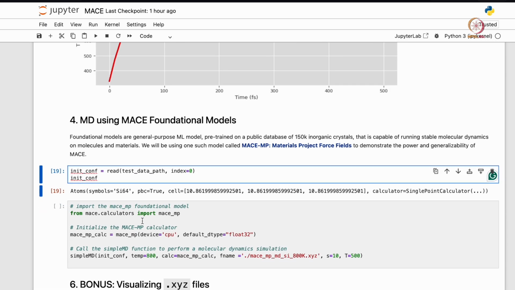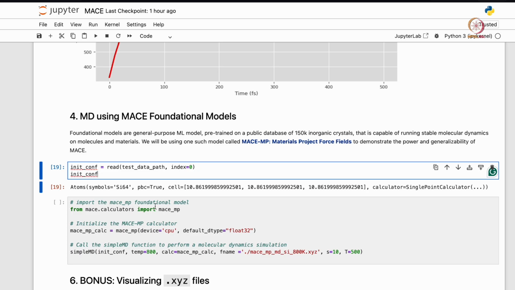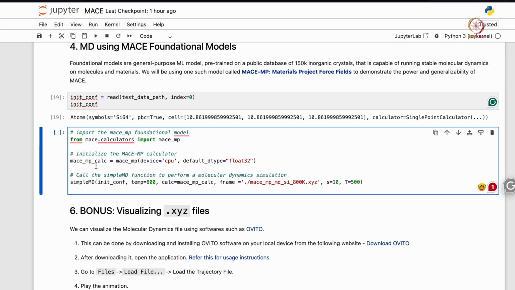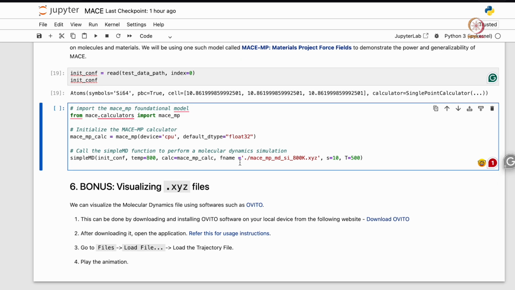First we initialize the structure from the test data, the same index 0 structure. From Maze calculators we import this Maze MP. We call this Maze MP function, and it will run on CPU with the default data type as float32.